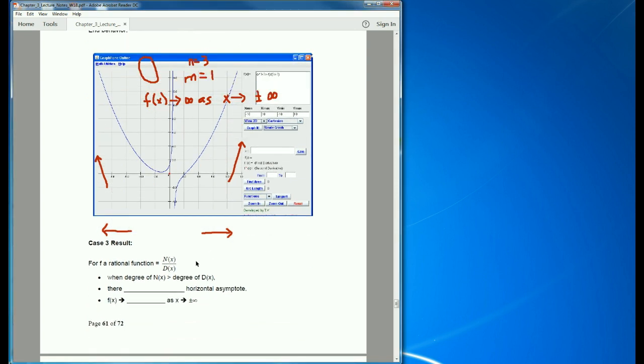Down here we've got a rational function. Degree of the numerator is greater than the degree of the denominator. The result is that there is no horizontal asymptote. And f of x simply approaches either plus or minus infinity as x approaches plus or minus infinity.